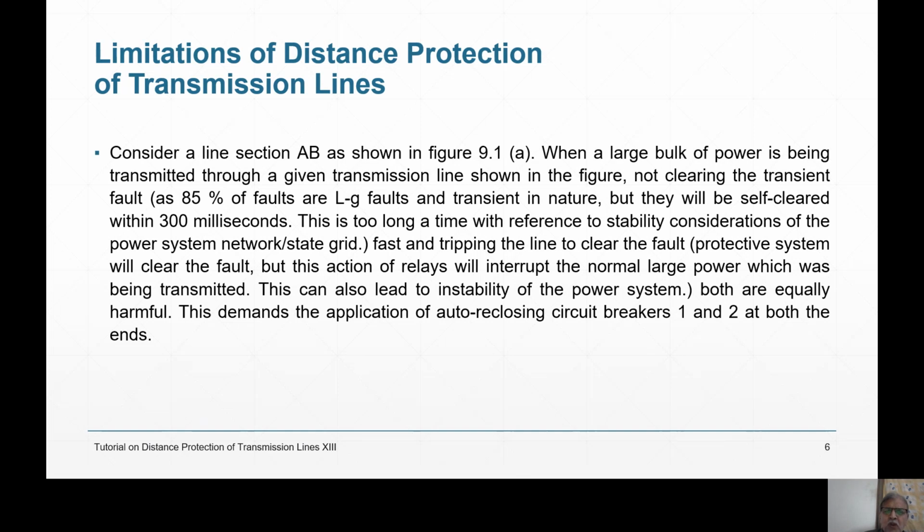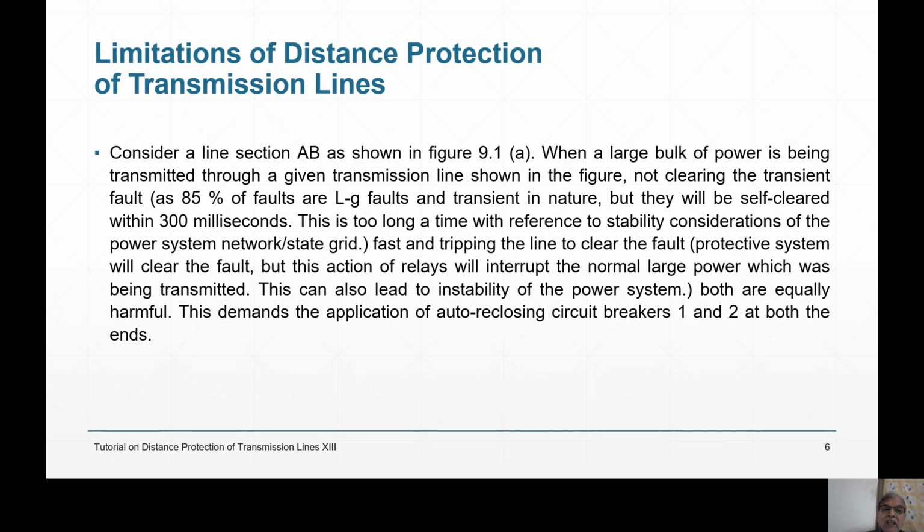Not only that, it is going to damage the equipment, many disadvantages are there. Voltage drop will be there. But the worst disadvantage is the system will become unstable. But when you clear the fault, then also the system will become unstable, because 300 megawatt is lost. So you are in trouble. To clear the fault is also disadvantageous, and not to clear the fault is also disadvantageous.